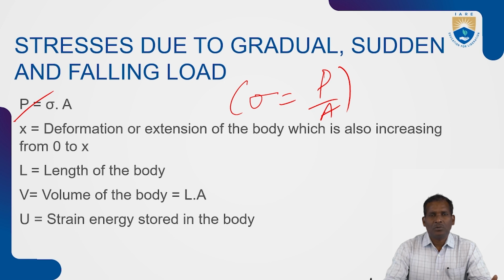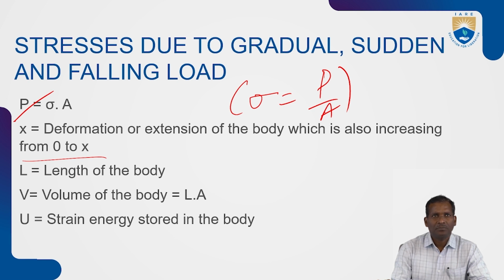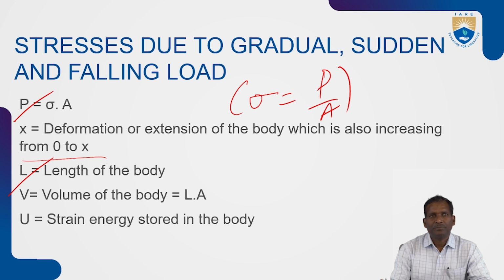Here X is the deformation or extension of the body, which is also increasing from 0 to X. If load increases, this deformation also increases. Take L as the length of the body. Now the volume of the body is L multiplied by the area.